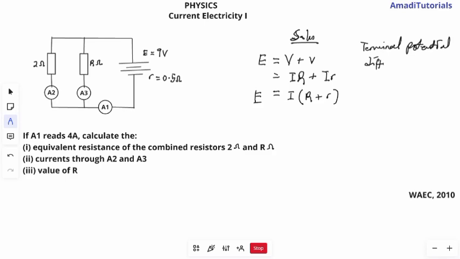That means it is the potential difference measured when the cell is supplying power to an external load, and it is represented by I times big R, or V, representing terminal potential difference, equals I times R. So this one represents the terminal potential difference, while this one, I times small r, represents the voltage drop within the cell.